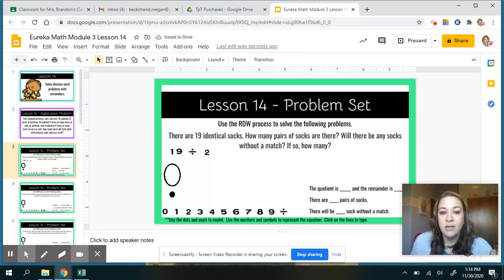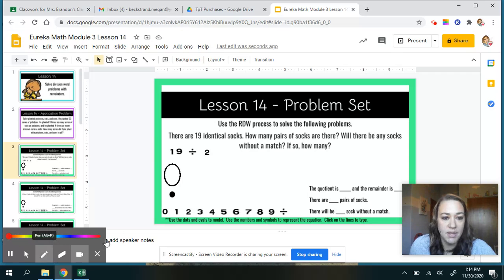Okay, so if I'm going to make groups of 2, I'm going to use my dots to represent my 19, but I'm going to line them up in groups of 2, so it's easier for me to see as we work through. You can do the click and drag if you want to, but that can be kind of tricky. I'm going to use my pen to help me make my dots instead. So I have 19 total.